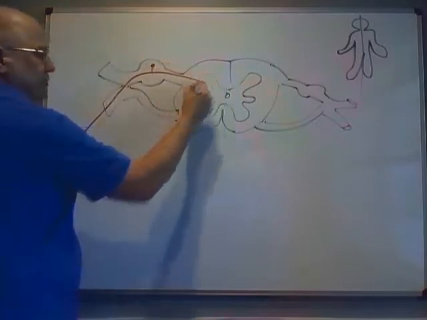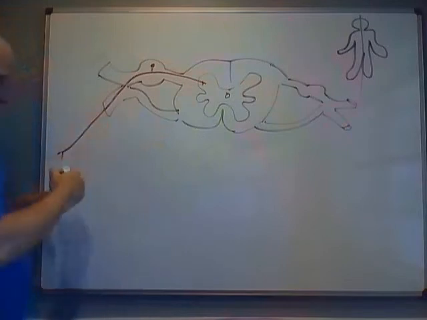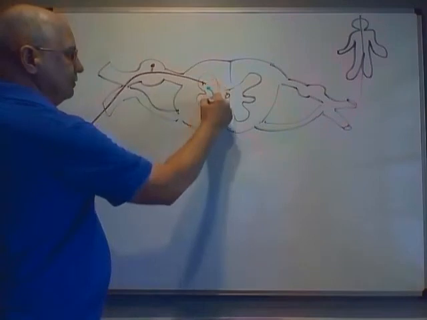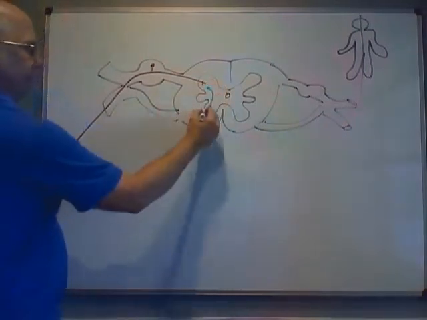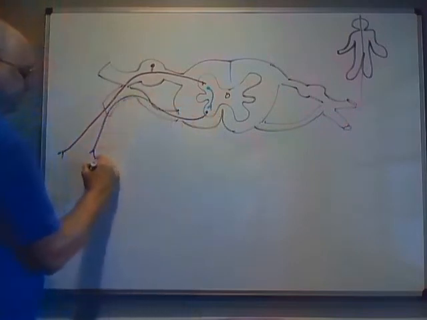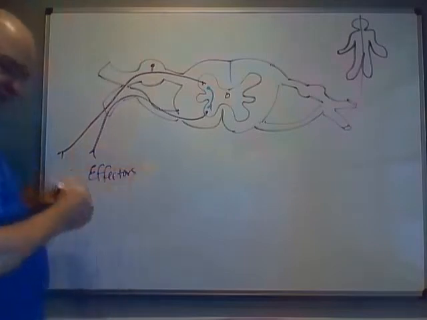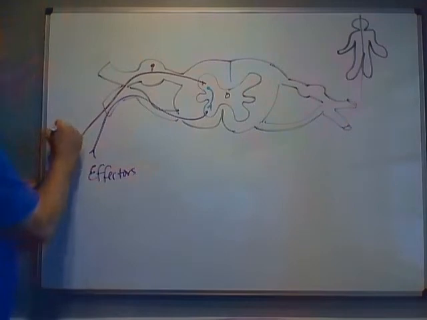It's going to synapse in the spinal cord. And then I'm going to have some kind of central processing. And I'm going to have a motor command come right back out to the muscles or the effectors. Okay? So it's really going to give us 5 steps that are going to happen here.